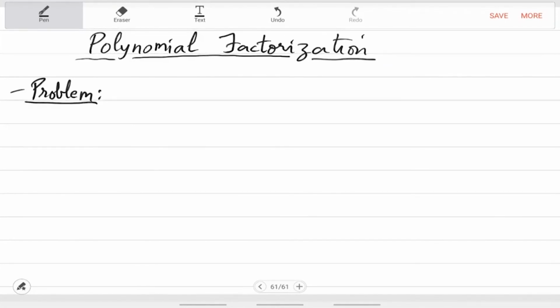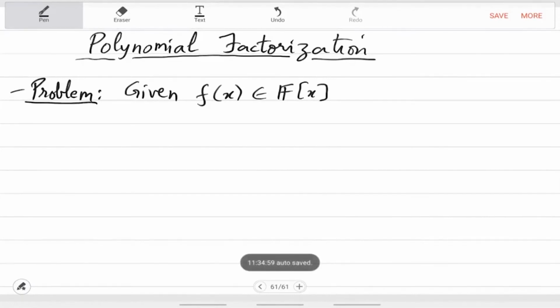So the exact problem is: you are given, let's start with a univariate polynomial over some field. The field is big F. This little f polynomial is of degree d.